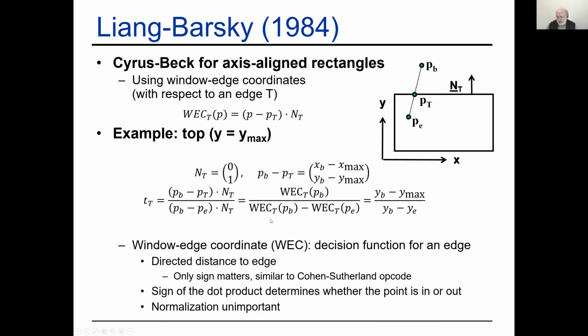But you can essentially write them as the window edge coordinates of the beginning point with respect to some edge, the top in this case, divided by the window edge coordinate of the beginning point minus the window edge coordinate of the end point.